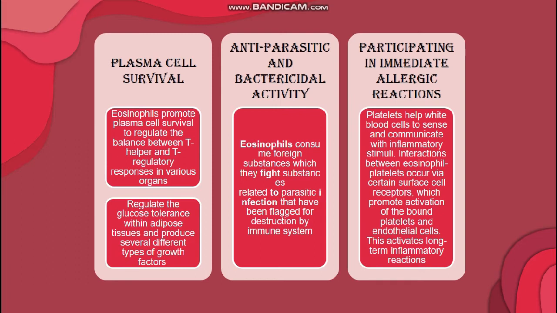For plasma cell survival, eosinophils promote plasma cell survival to regulate the balance between T helper and T regulatory responses in various organs such as the gut and lungs. Eosinophils also regulate glucose tolerance within adipose tissues and produce several different types of growth factors which contribute to tissue repair.